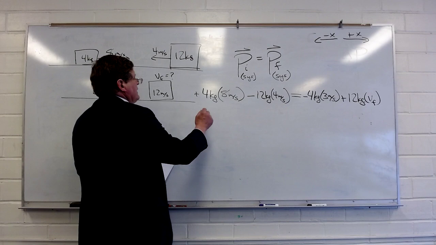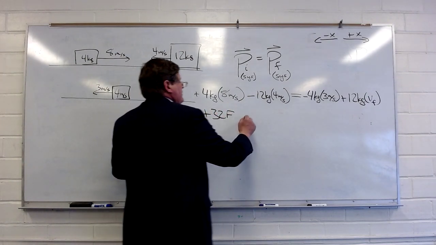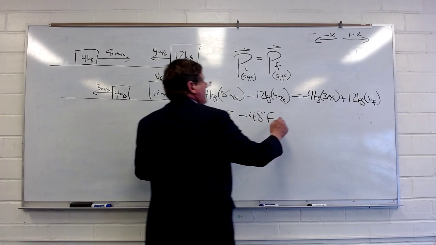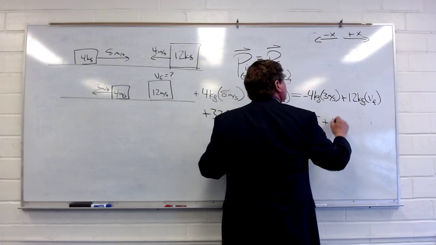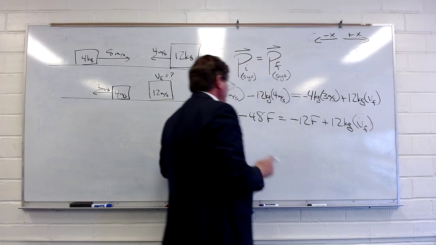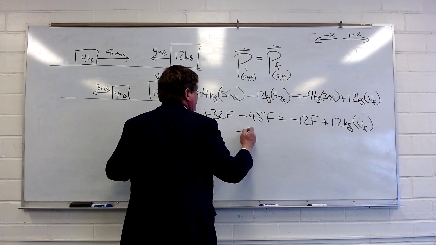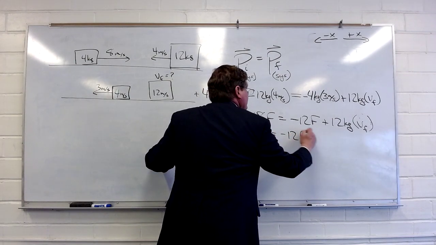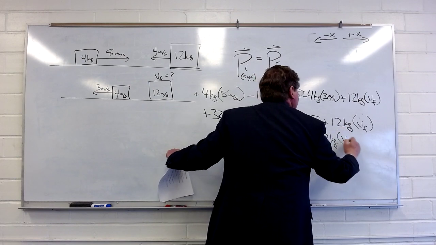If I solve for it and I get a negative answer, I'll figure out that I was wrong. So this is going to be a positive 32 kg·m/s. This is going to be a negative 48 kg·m/s. That's going to equal a negative 12 kg·m/s plus 12 kilograms V final. Now, this is going to give me negative 16 kg·m/s is equal to negative 12 kg·m/s plus 12 kilograms V final.